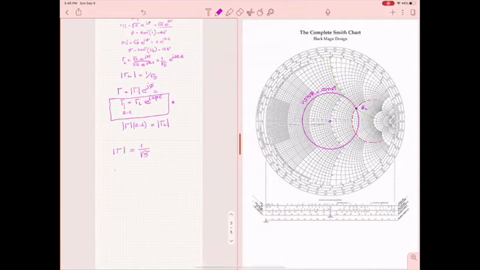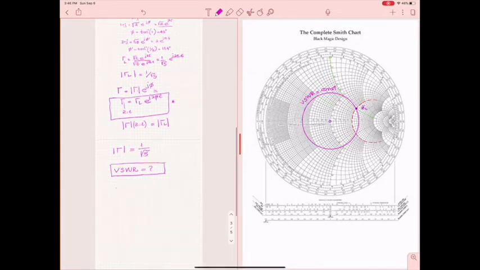Now, do you remember what is the VSWR? Have you seen this before? Yeah. Okay. What is it? Can somebody tell me? 1 minus gamma over 1 plus gamma. Yes, that is the relationship. Very good.